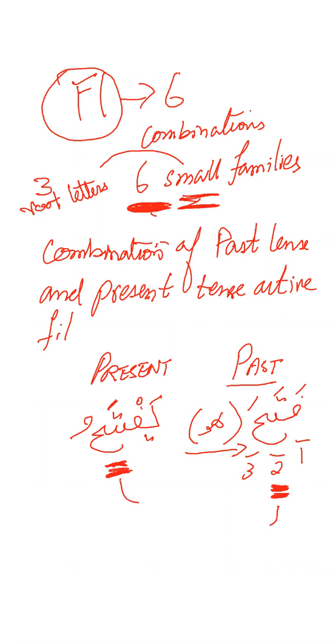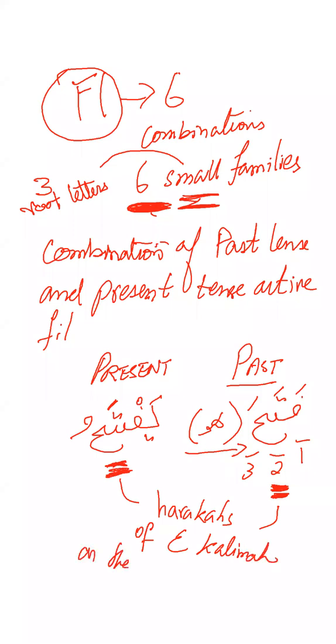So the harakas of the ain kalima, the middle root letter, decide the family of any verb. But of course, we cannot consider right away all of the verbs. So what we do is we take one from each family and we name that family by that.